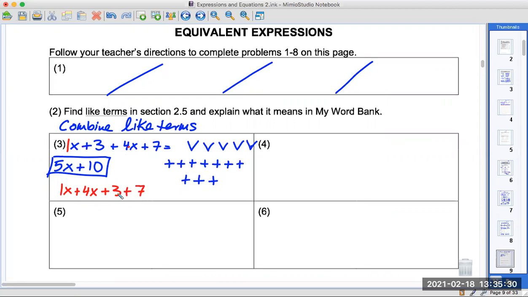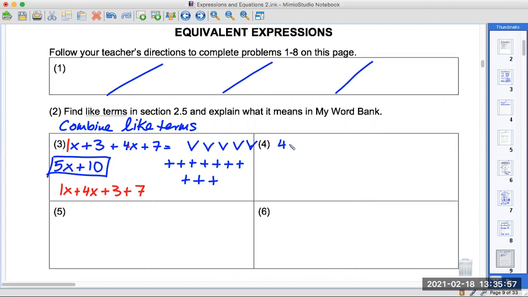Now, if you're not good at this, I'm going to tell you to use cups and counters. If you get it and you're good at it, you don't have to do that each time. But for this exercise, we're going to do it. Here's our next problem. In other words, this expression is the same as this one. Wouldn't this one be a lot easier to deal with than this lengthy one? That's why we combine like terms.